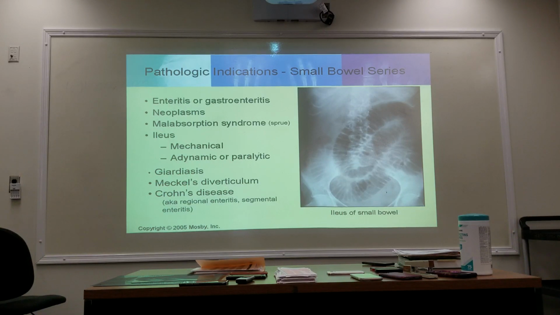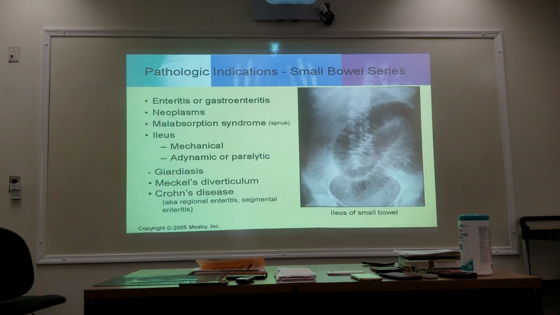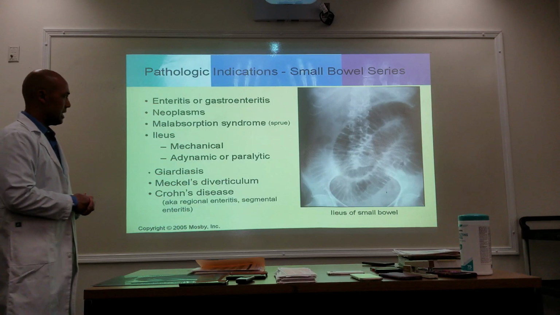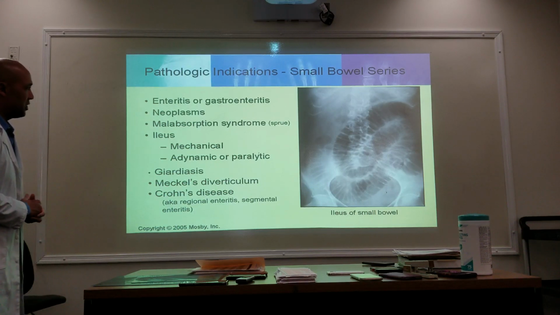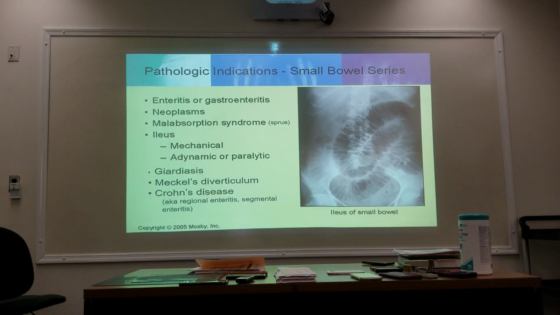So here we have a radiograph of someone who is experiencing an ileus, and you can see there is distension or dilation of the small bowel, and also a thinning of the lining of the walls of the small intestine. So it looks very painful, right?